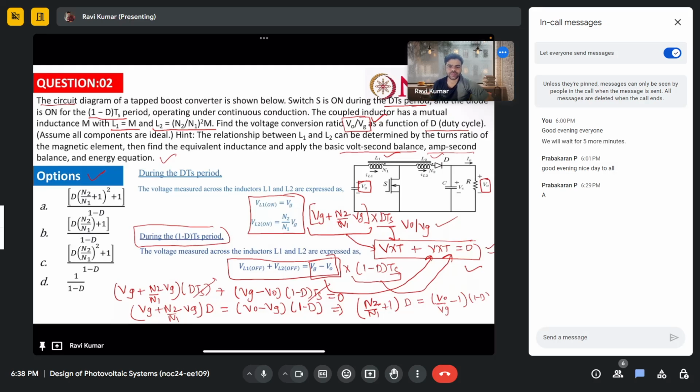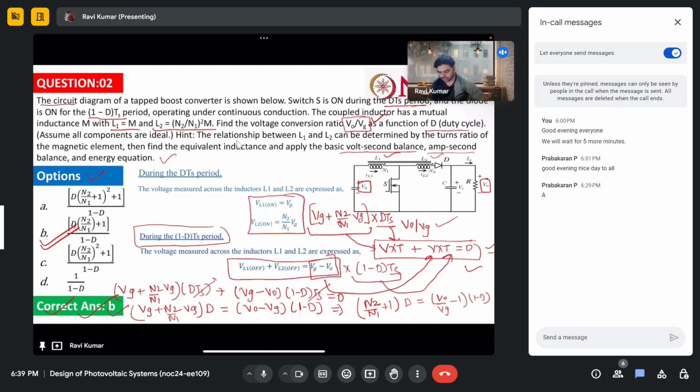Getting B? Yes. Yeah, just solve this, you will get the answer. Answer is B here. So the correct answer is B.